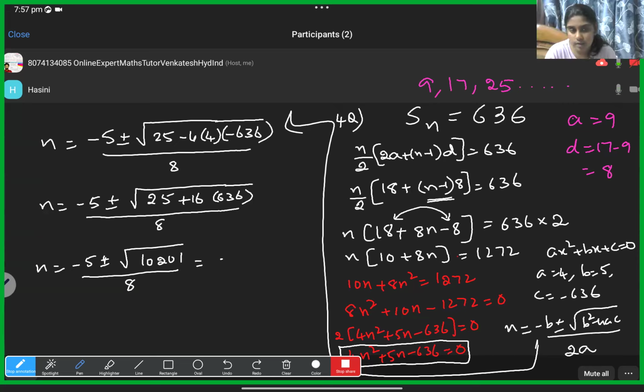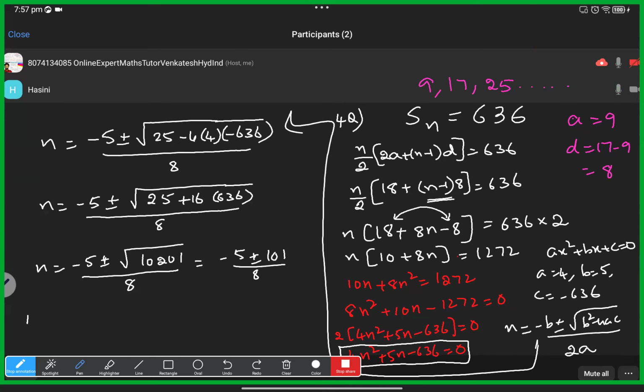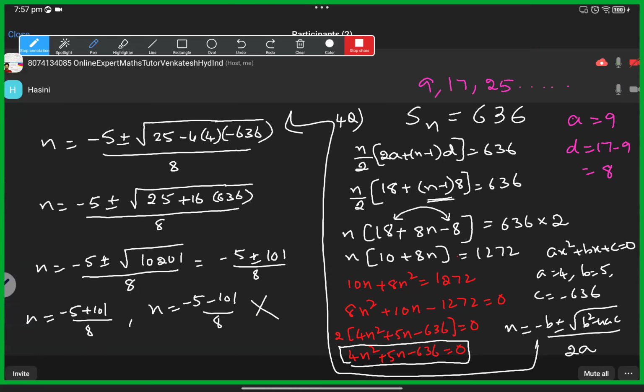So minus 5 plus or minus root of 10,201, which is 101. So n is equal to minus 5 plus 101 by 8, comma, minus 5 minus 101 by 8. This second value is negative, Hasni, we will not consider it, because minus 5 minus 101 is minus 106 by 8. If you do it, you get a negative value.